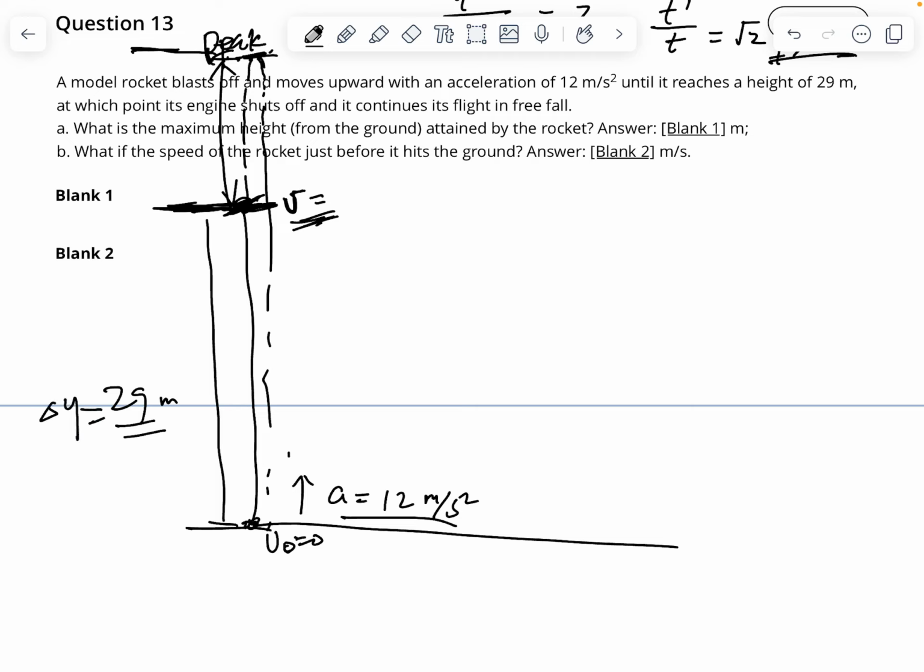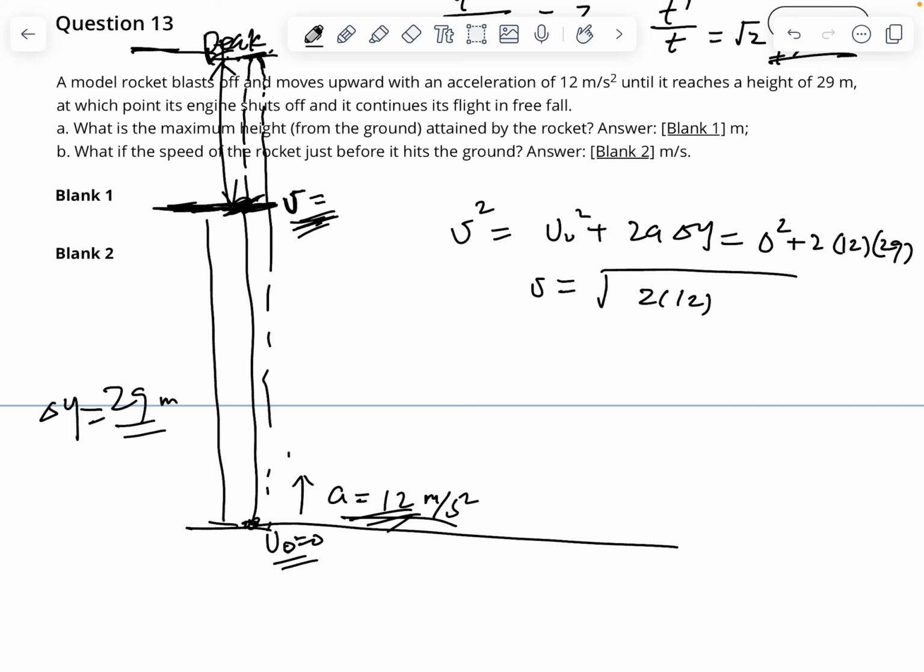We know delta y equals 29 meters, v naught is 0, and the acceleration is 12. So for the velocity here, use this equation: v squared equals v naught squared plus 2a delta y. v naught is 0, so v equals the square root of 2 times 12 times 29. Okay, so that is the speed here.